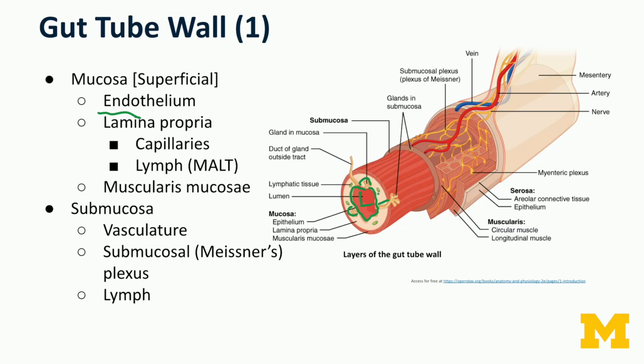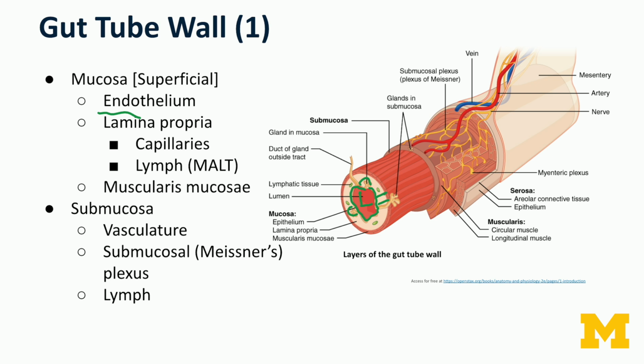The next deeper layer is the lamina propria. The lamina propria is loose connective tissue. It's areolar connective tissue that is hosting capillary beds for the secretion and reabsorption of materials from the cardiovascular system, as well as lymphatic tissue.